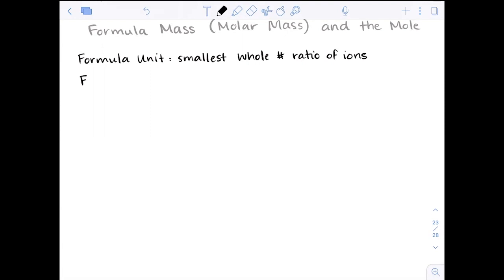We can have a formula mass, which is going to be looked at as the average mass of a molecule based off of its formula.